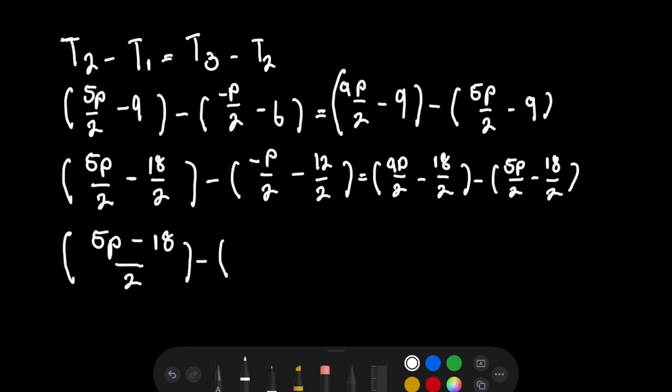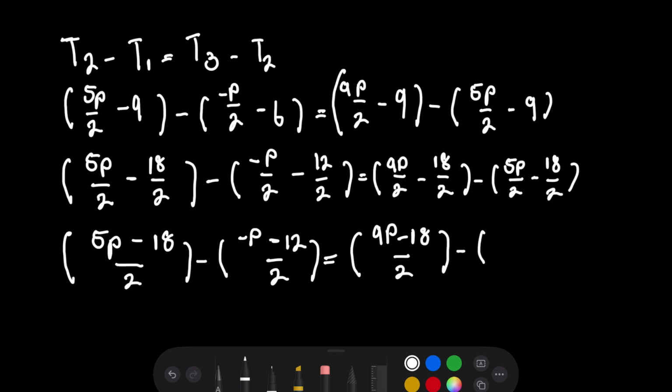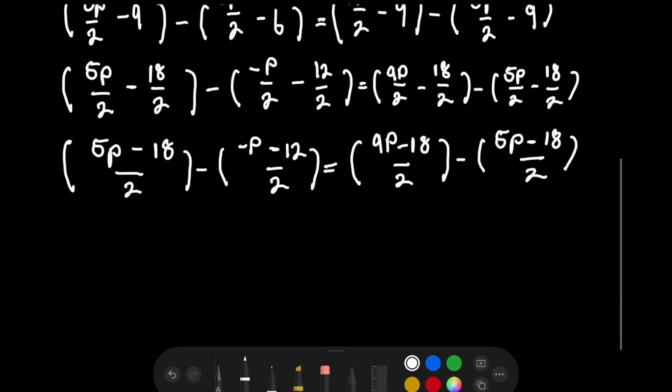And in this bracket, we have minus p minus 12 over 2. In this bracket, we have 9p minus 18 over 2. And here we've got the same thing, 5p minus 18 over 2. And here, this is where brackets play an important factor.